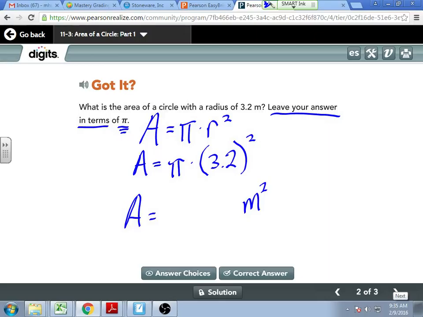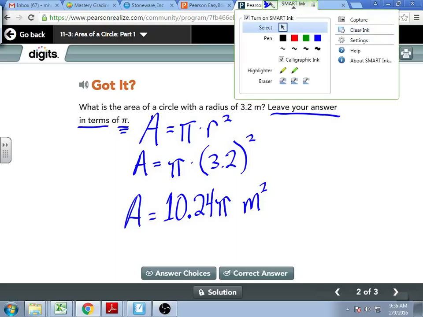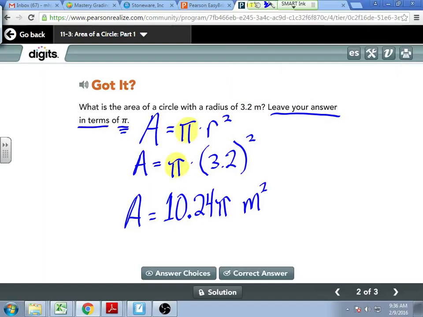The only thing you have to do here is square the 3.2. What is 3.2 squared? What is it, Cassie? 10.24. So if that's my 3.2 squared, it's 10.24 pi meters squared. When it says leave it in terms of pi, you literally just carry the pi through the problem. And it's in your answer.